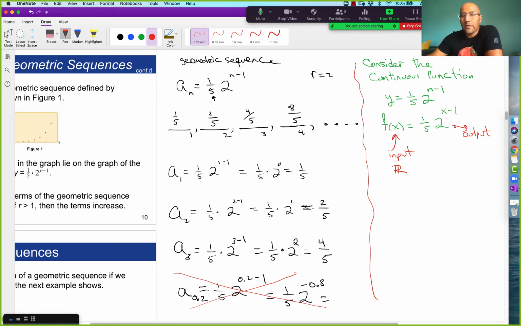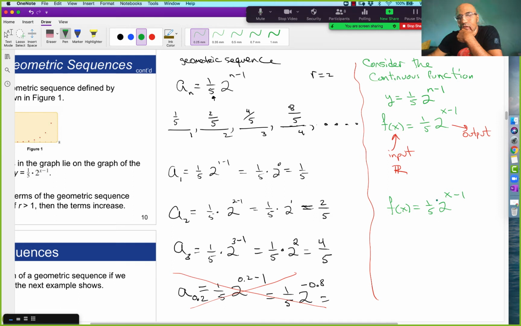We can manipulate this a little bit. Okay. Sure. Let's play around with this thing a little bit. This is f of x equals 1/5 2 to the x minus 1.